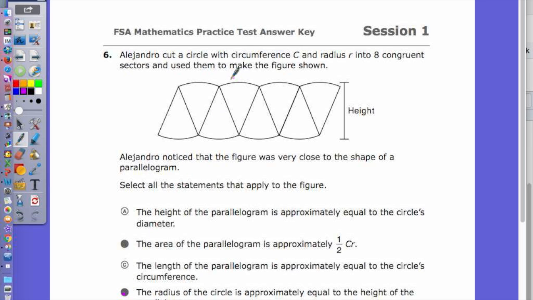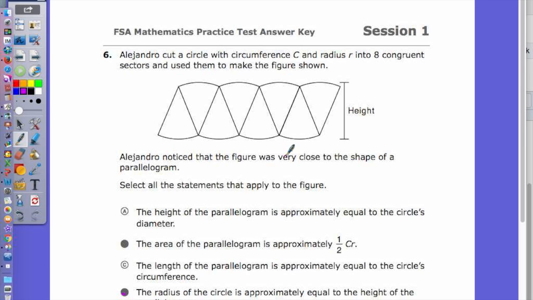The area of the parallelogram is not the entire circumference times the radius. This is half the circumference, right? The circumference would be 8 of these. But they're pie-shaped, so it's half the circumference roughly times the radius. That's not exact, but it's going to be close, correct?